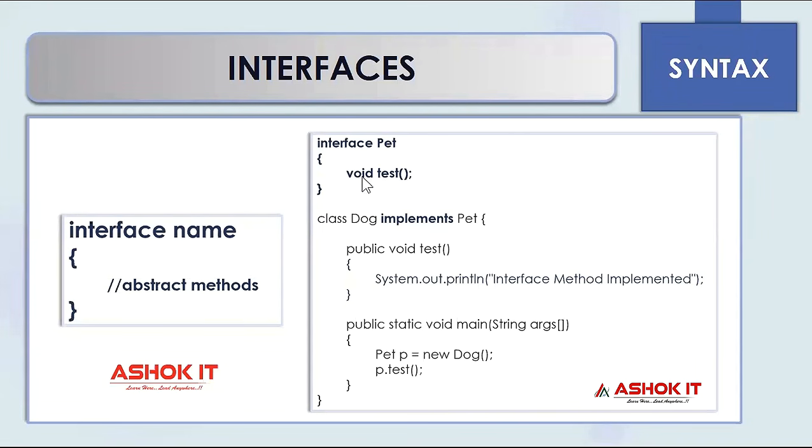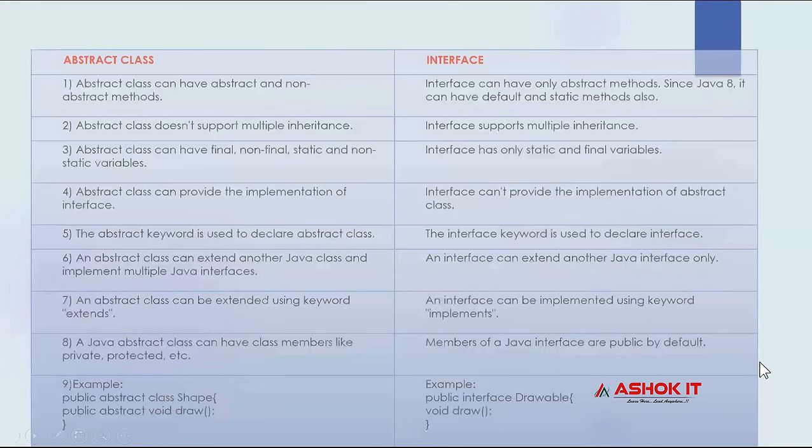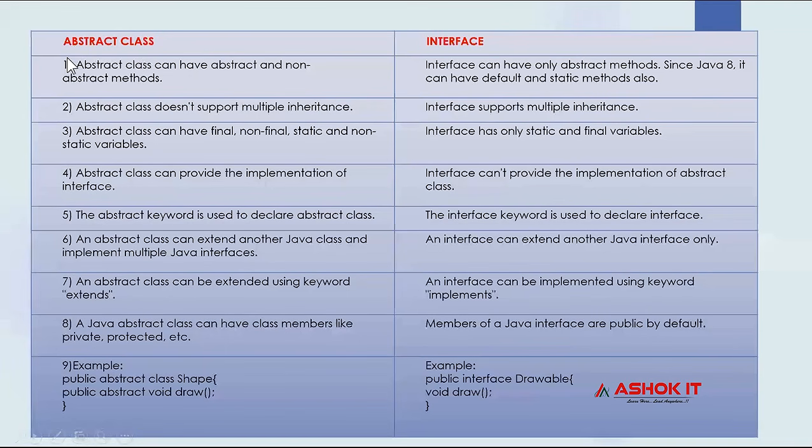Interface can contain only abstract methods, whereas an abstract class can contain both abstract and non-abstract methods. So the main differences between an abstract class and an interface: an abstract class can have abstract and non-abstract methods, whereas an interface can have only abstract methods. Since Java 8, there is a default keyword using which we can provide method definitions within the interface.